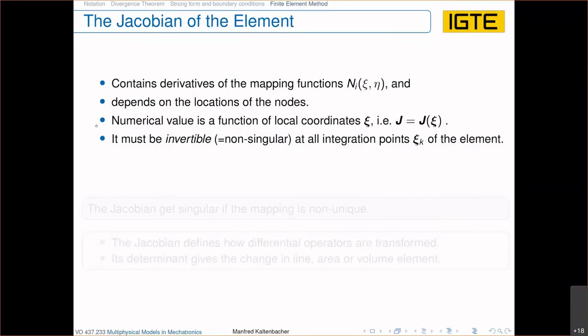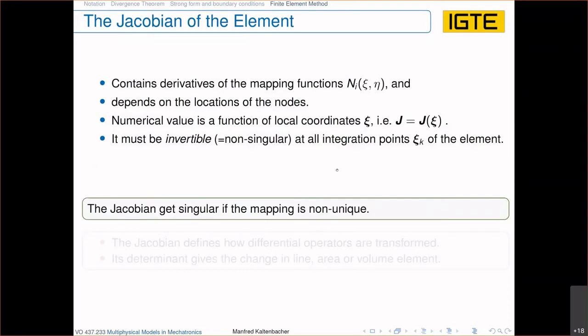And clearly what we need, as we have seen, is not really the Jacobian matrix, it is the inverse of the Jacobian matrix, and that means it has to be invertible, otherwise we get into problems, and that is just a question of the shape of your global elements. So, it gets singular if the mapping is not unique.